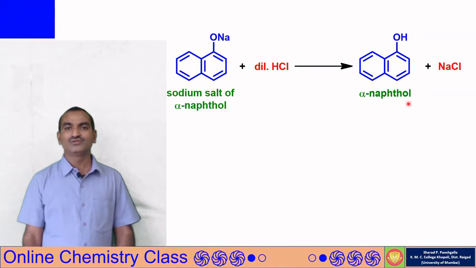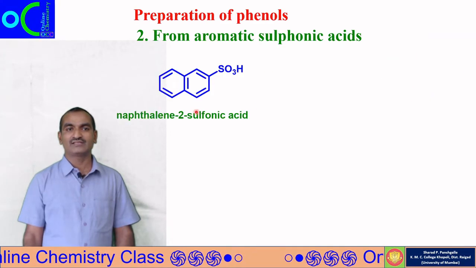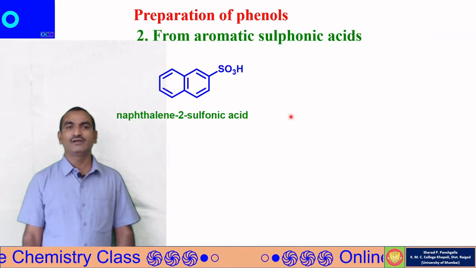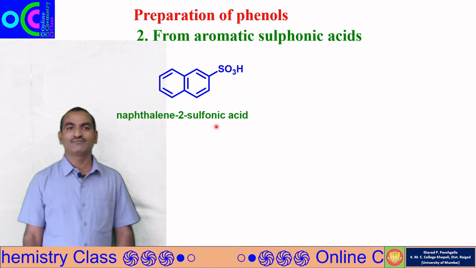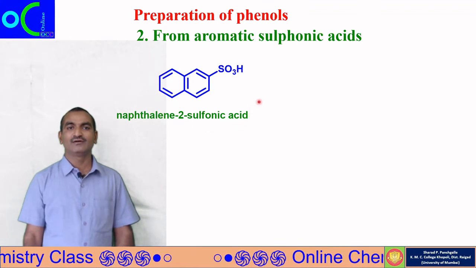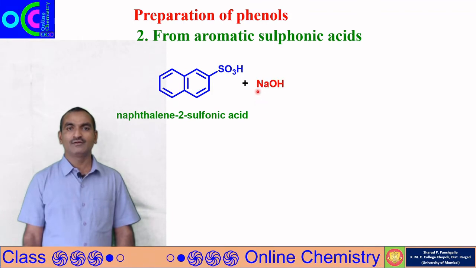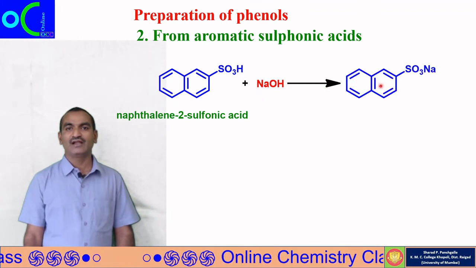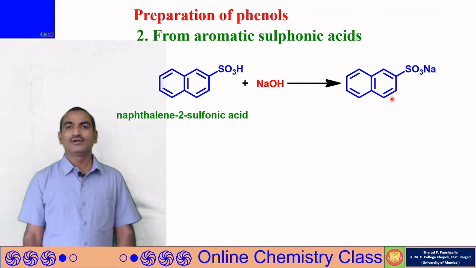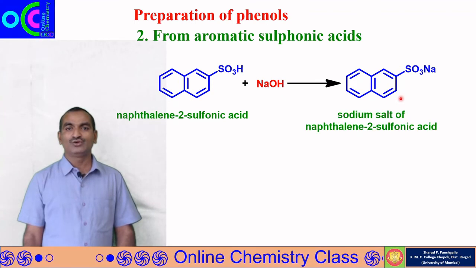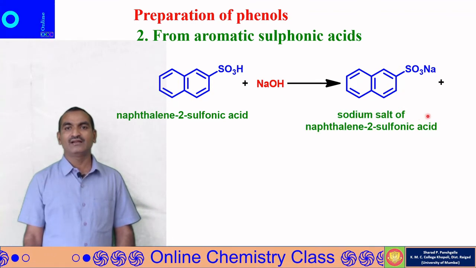Similarly, using naphthalene 2-sulfonic acid, one can prepare beta-naphthol. So naphthalene 2-sulfonic acid, when treated with dilute sodium hydroxide, there will be an acid-base reaction and there will be formation of the sodium salt of naphthalene 2-sulfonic acid and water.